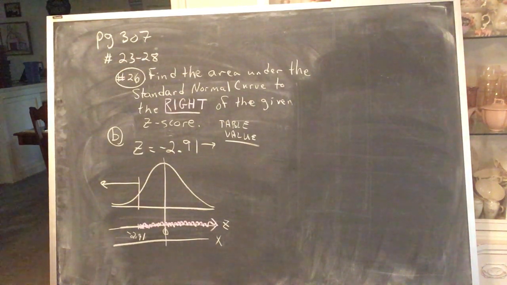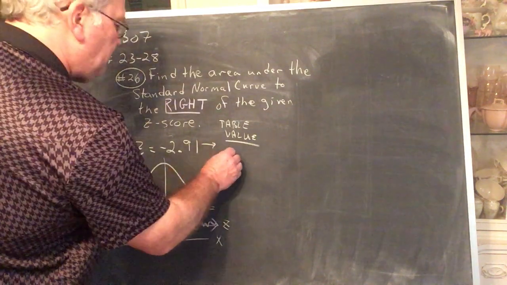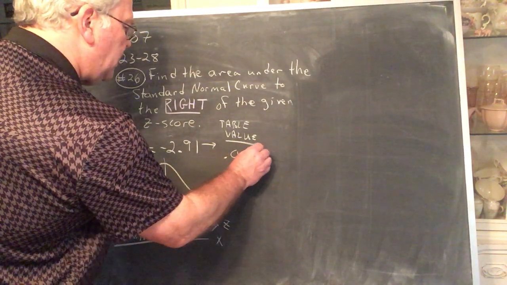Negative 2.91, the value I found, and the value you should be able to find, is 0.0018. If you have any difficulty finding 0.0018, you need to look at the video that was earlier posted about using the table values. So negative 2.91, the table value is 0.0018.